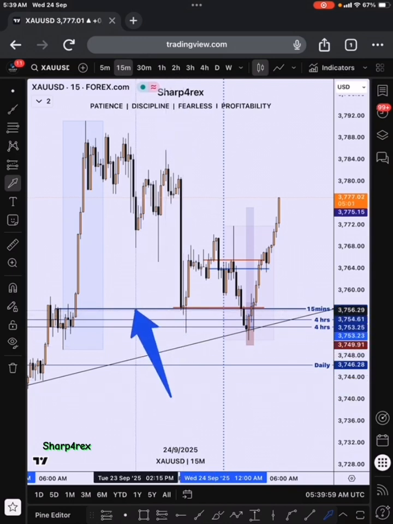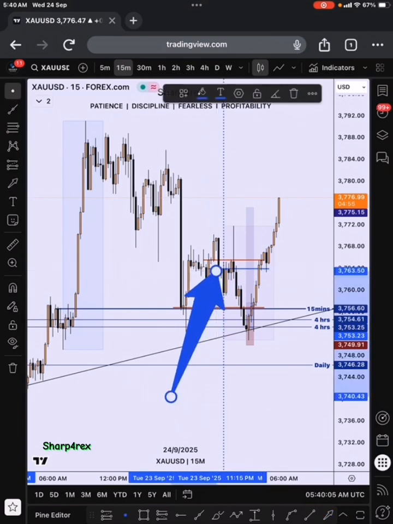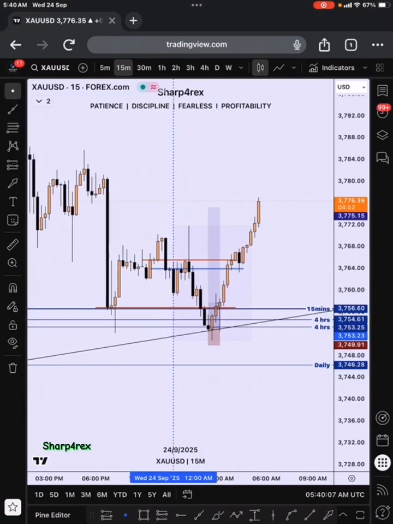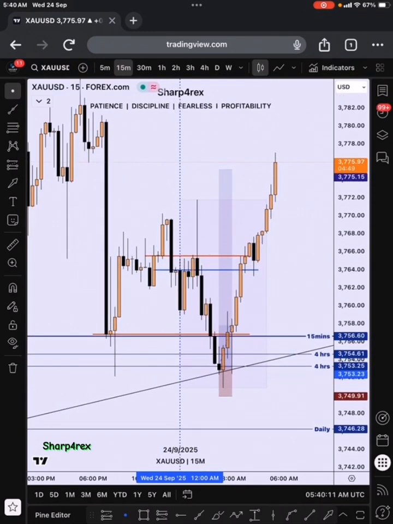And then this blue line was my M15 top one, M15 resistance. I was waiting for it to be broken.